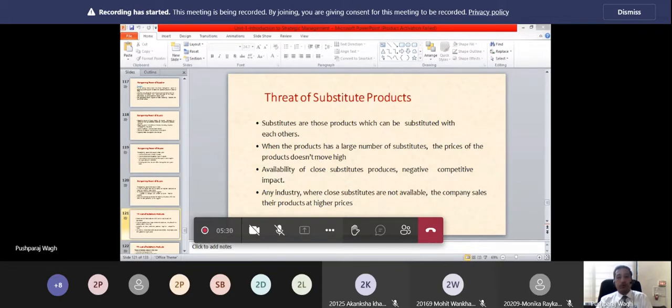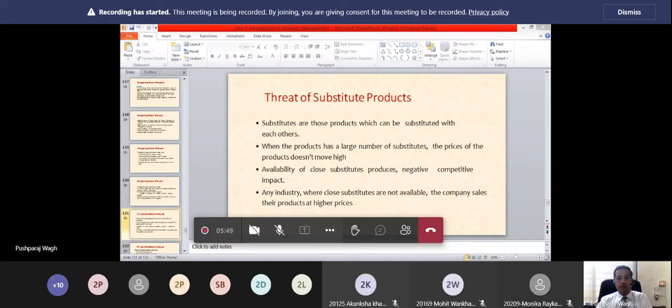When the product has a large number of substitutes, the price of the product doesn't move high. So when there are many such types of similar products in the market, the price will be reduced. So everybody will have a similar price.